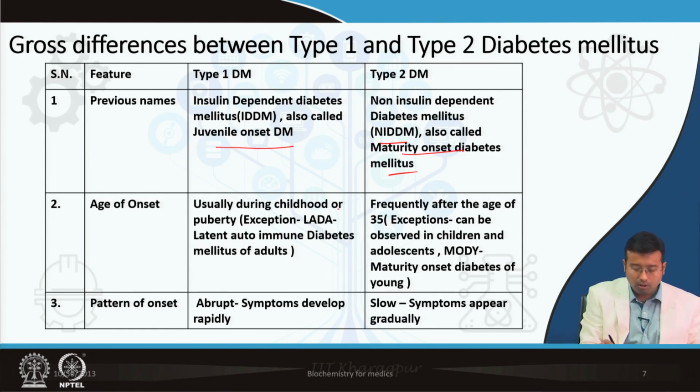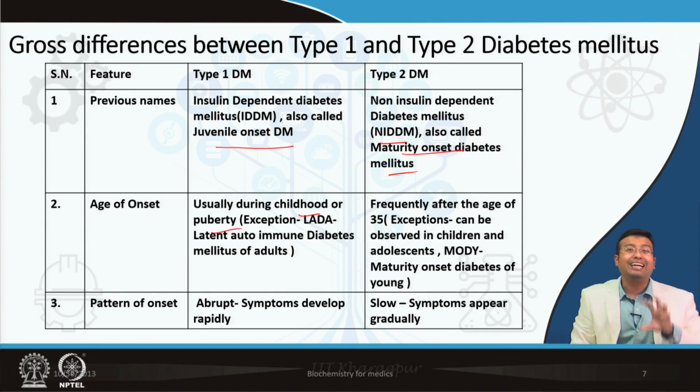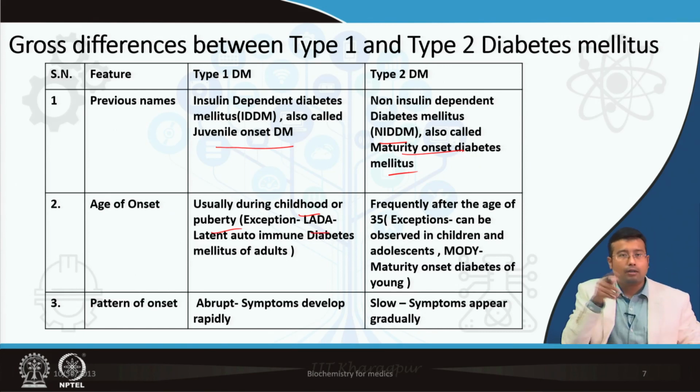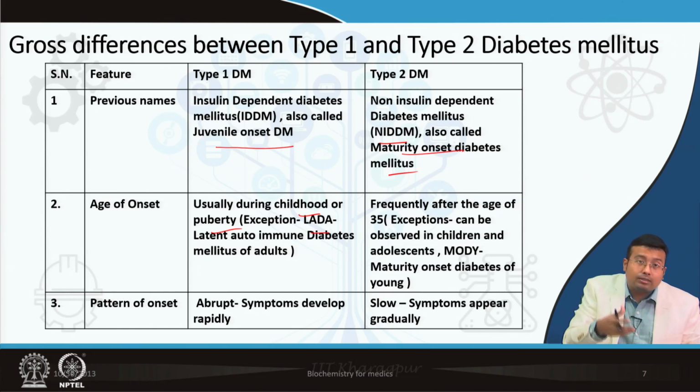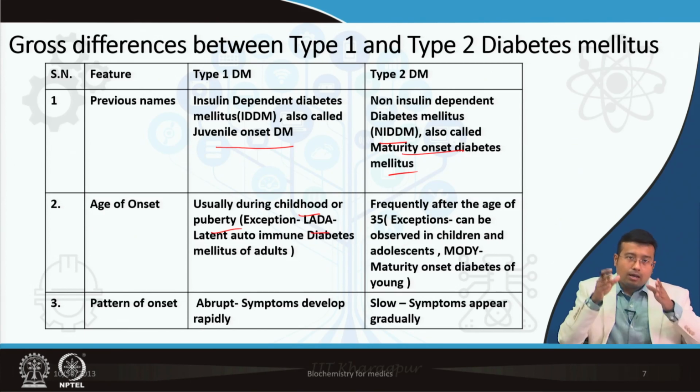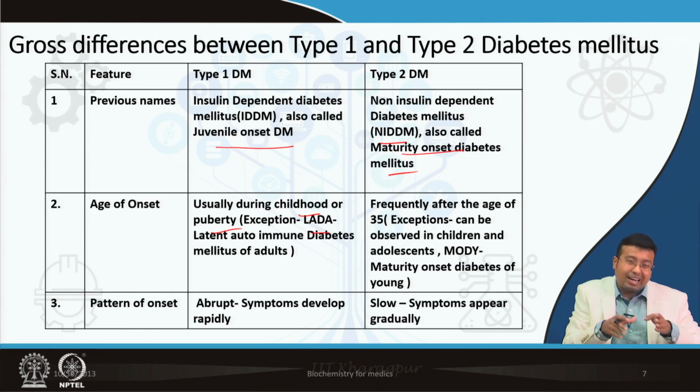So, during childhood or puberty, there is an exception: the disease mentioned under LADA, latent autoimmune diabetes in adults. Since we are now classifying diabetes based on pathogenesis, in the LADA variety the pathogenesis is autoimmune, so we have to consider it in type 1.